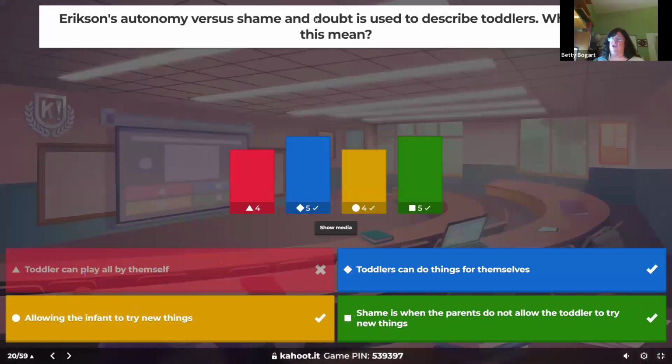We want them to try, and we don't want to put them in shame because we don't let them do what they want to do. And toddlers can do a lot more than you can ever give them credit for. So it's only those 3 that we would see with Erikson.